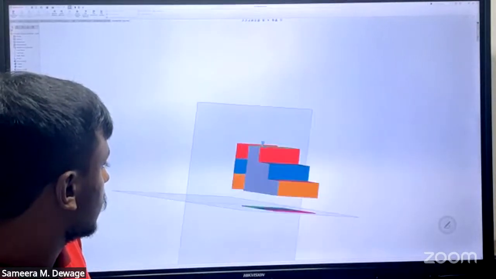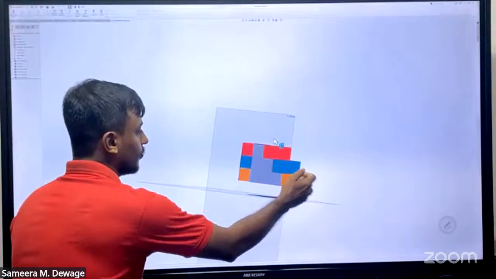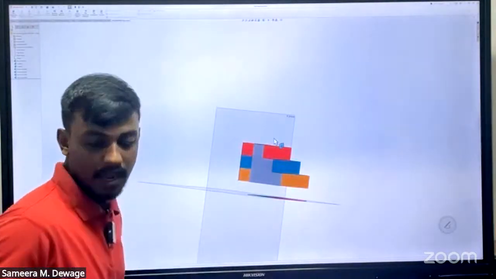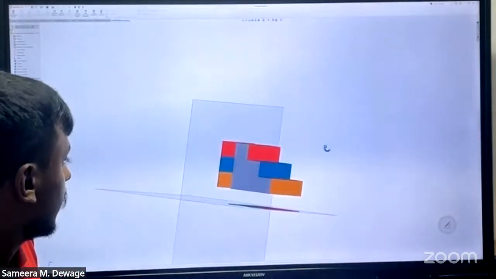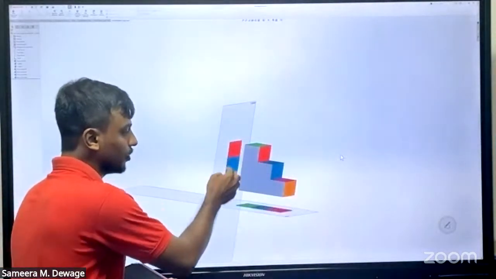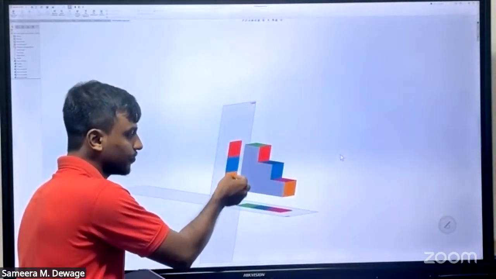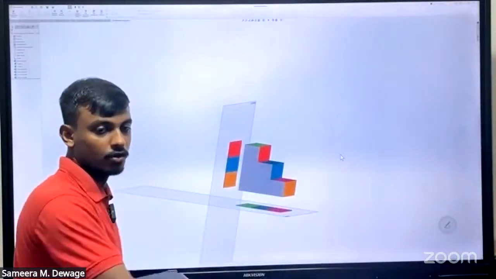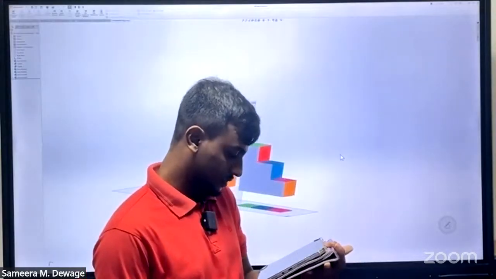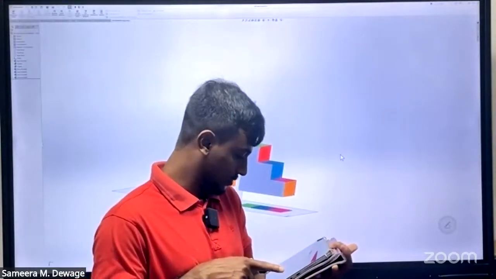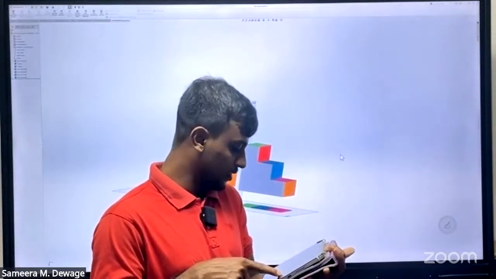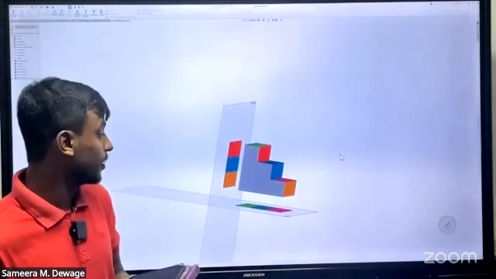So this is our front view. We draw that view behind the object. Front view is drawn behind the projection plane.